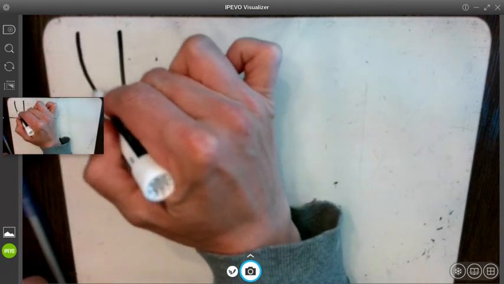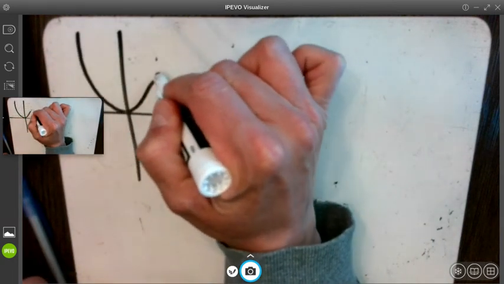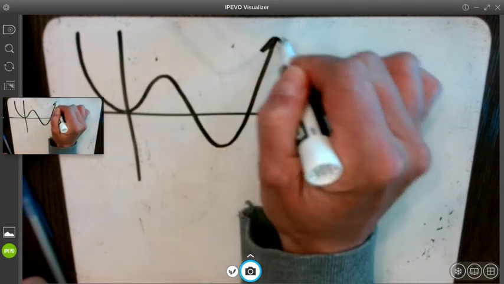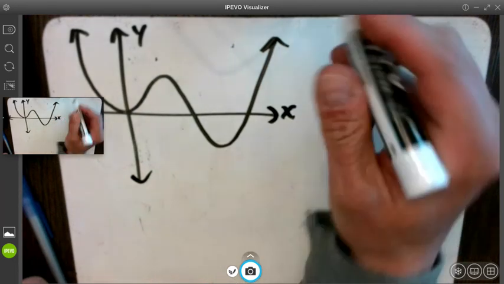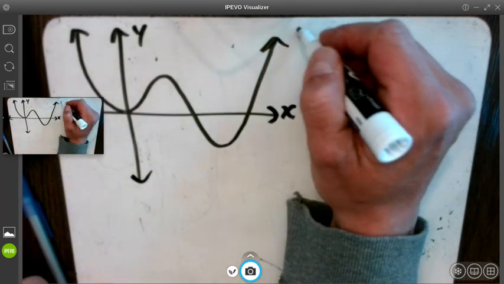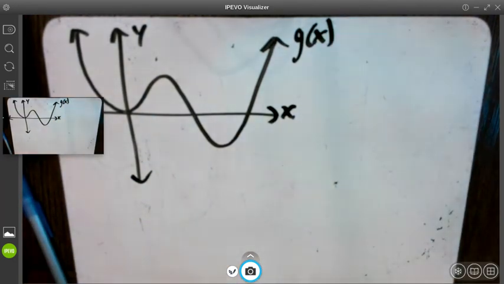We got a scenario going like this. So that is our graph. Here's our axis. This is, let's call it g of x this time. And then we're going to put in some ordered pairs.